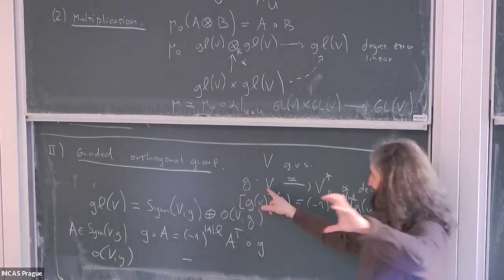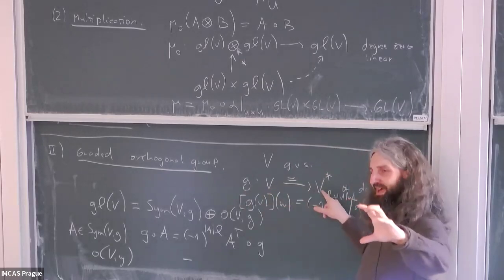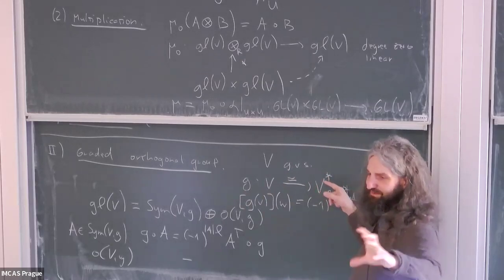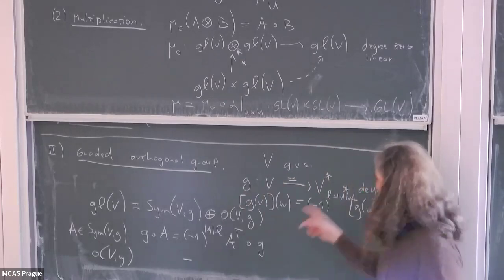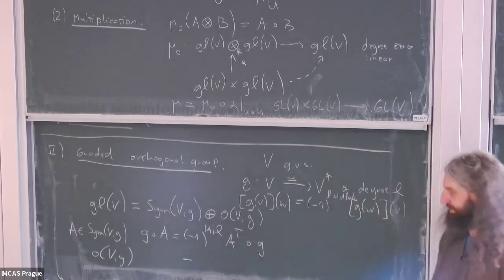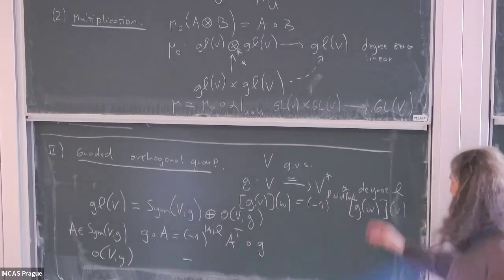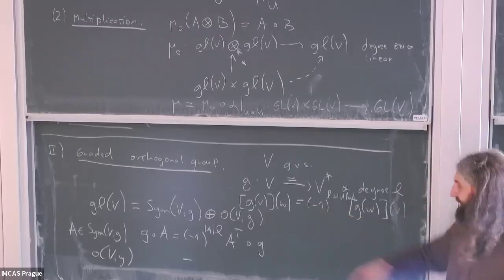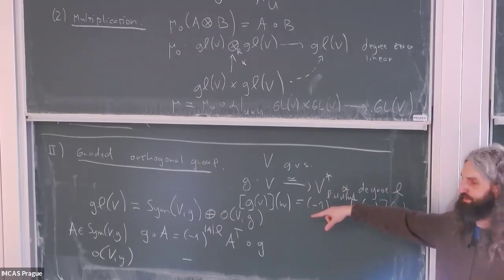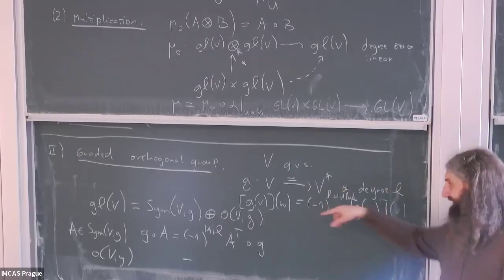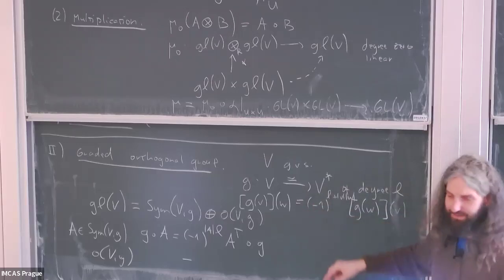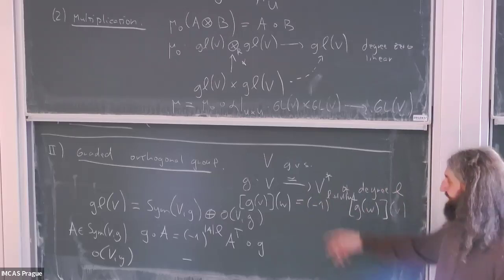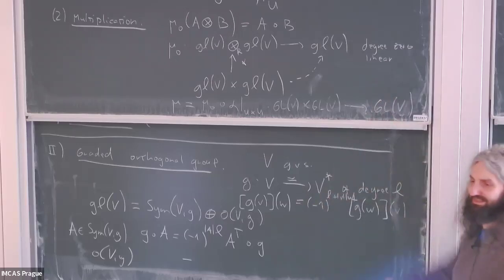So the kth component of one and the (k plus l)th component of the other have to have the same dimension. Otherwise, it's not possible to construct a metric, and this is of course not true in general. So there are some serious restrictions on the graded dimensions of V in order to have a degree l metric on them. In some of the examples, the underlying Lie group is in fact trivial. So you can construct groups which are purely graded. They have a trivial underlying Lie group, and there is still a non-trivial graded Lie group structure on them.